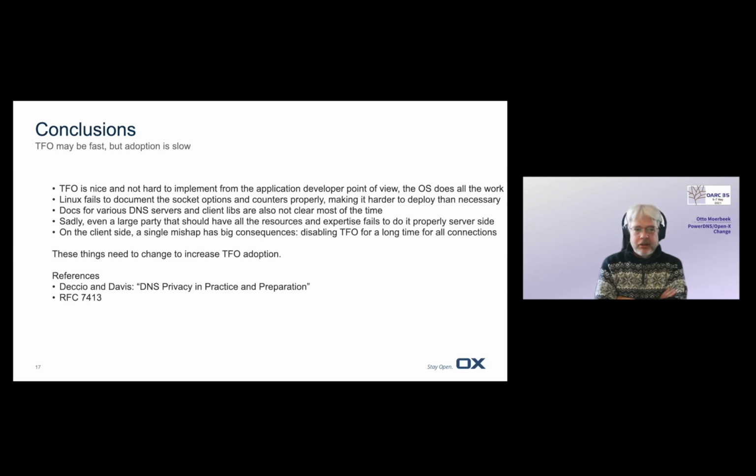The adoption is slow because of the conservative client approach and the lack of documentation on the server side, both in the kernel and in DNS servers. So all the nice things are there, simple implementation, almost completely done by the OS, but still adoption is very slow.